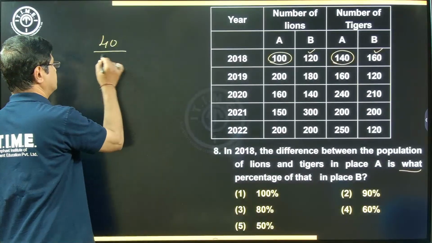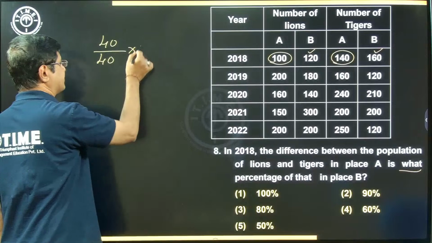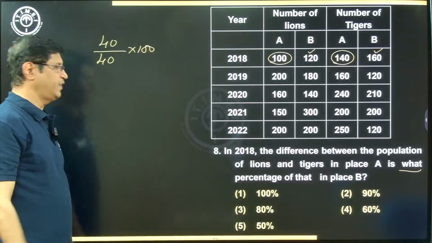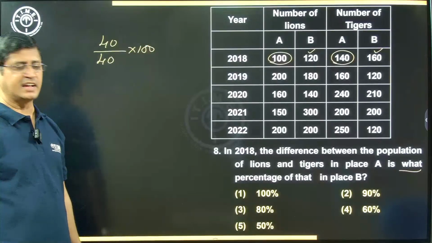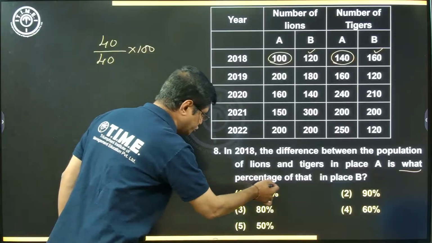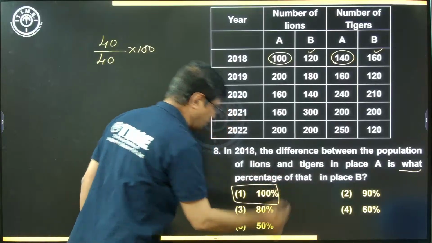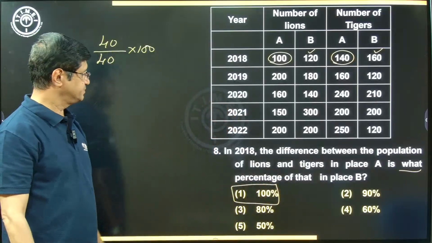Difference is 40. Just find the percentage. Simplify. 40 and 40 get cancelled. Remaining is 100%. Answer choice 1. First choice is the right answer.